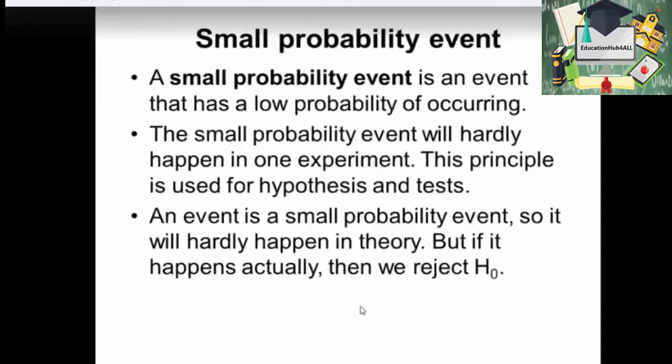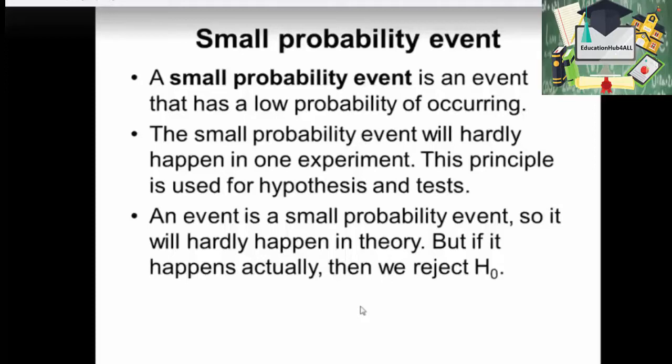We should also be aware of the small probability event. This is what hypothesis testing is based on. What does it mean? A small probability event is less likely to happen in one experiment.